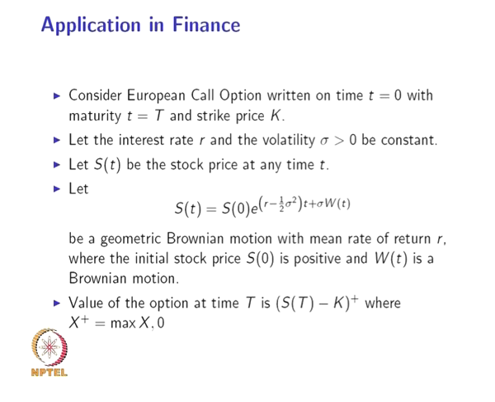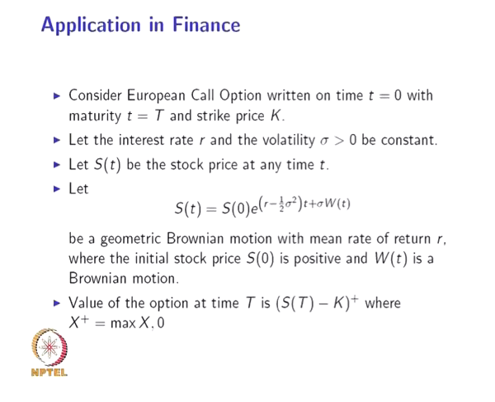This has the application in finance. Consider a European call option at t equal to 0 with the maturity t equal to capital T and the strike price capital K. So you can choose mu as the interest rate with the notation R, and the volatility is sigma, that is a constant, and St be the stock price.